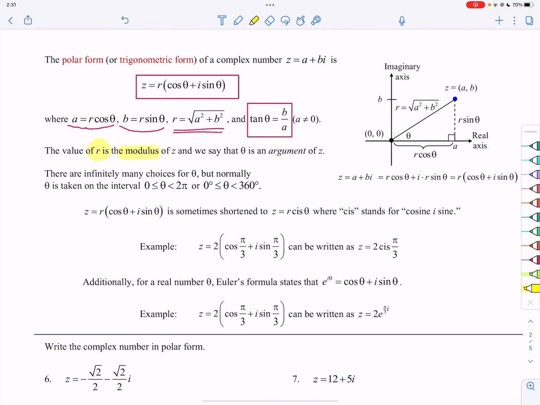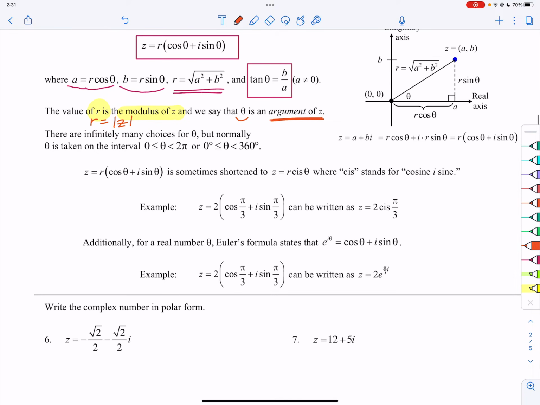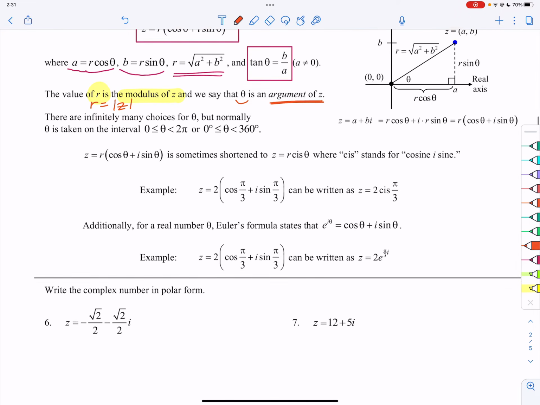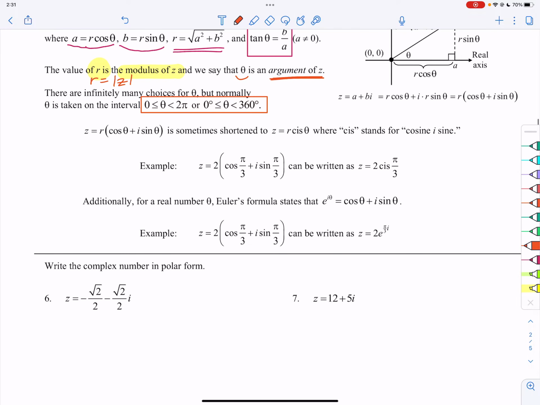So this r is going to be the modulus of z. Okay? And we say that theta is the argument of z. There are infinitely many choices for theta, but normally theta is taken on 0 to 2 pi, or of course, the angle between 0 and 360 degrees.